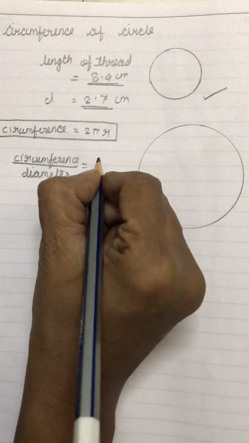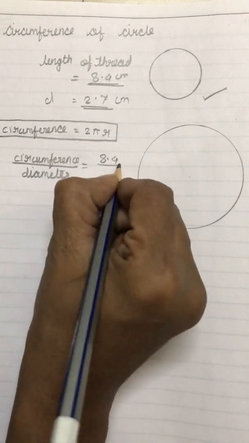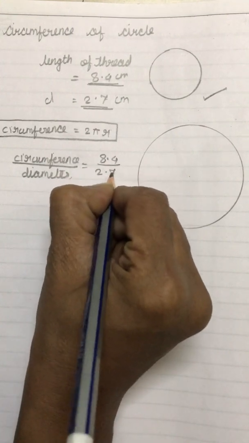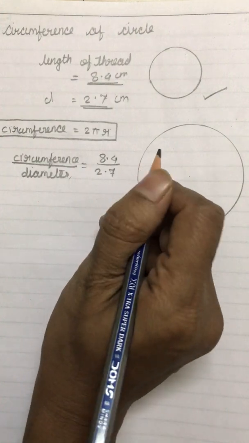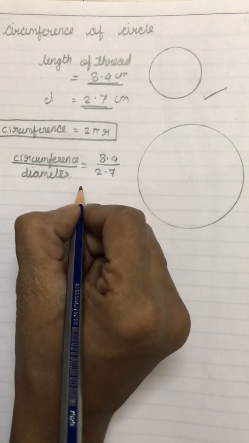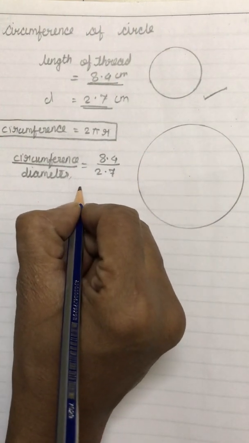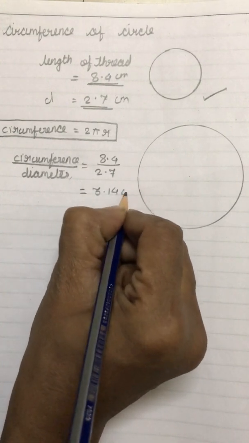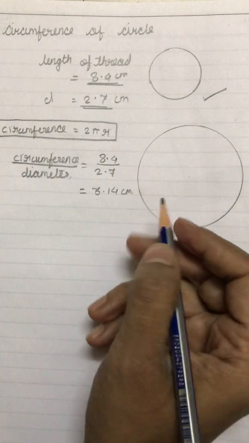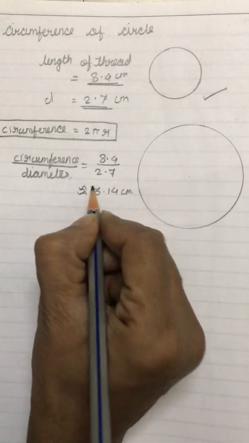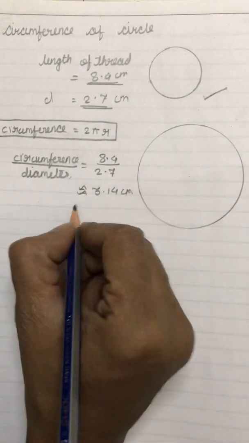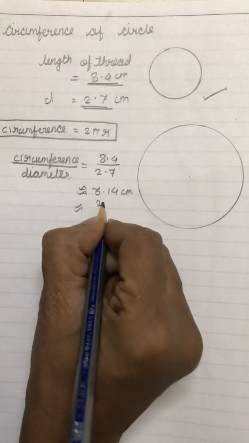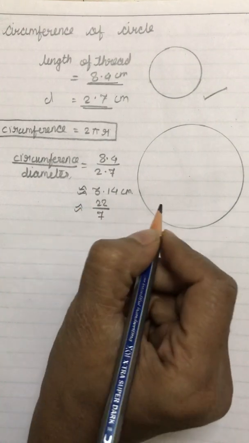Let us divide this: 8.4 divided by 2.7. After dividing, you are going to get approximately 3.14 as the answer, and this is also equal to 22 divided by 7.